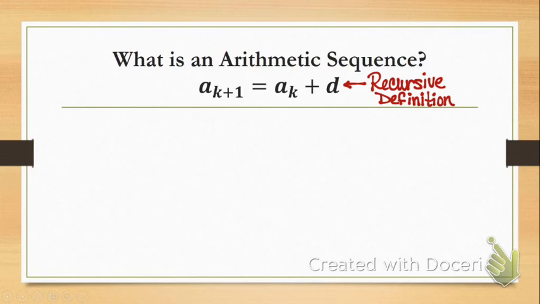What are we allowed to have as input? Numbers. What kind of numbers? Positive whole numbers only are our domain. So just counting numbers, starting from 1.